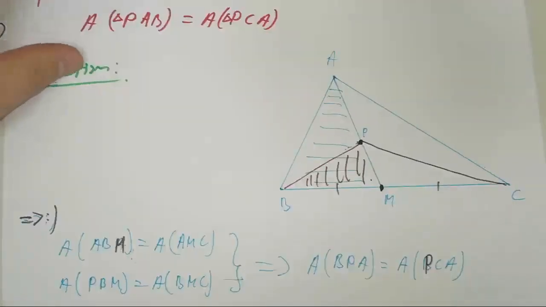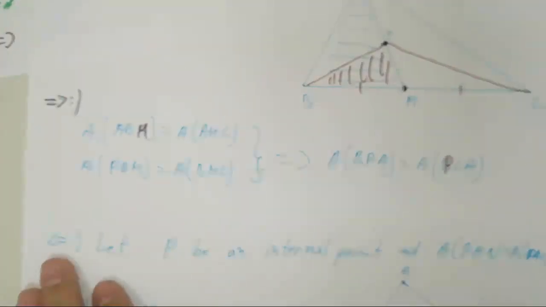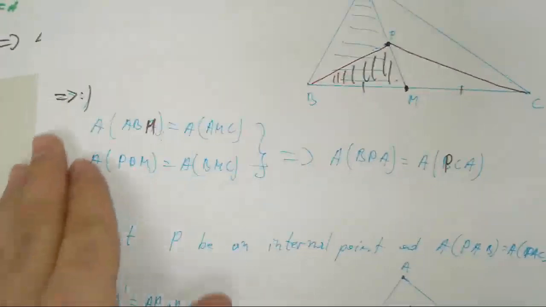Let us show the second part of the solution. We use the same notation, but just now reversed: here it points on the right side, here it points on the left side. Sorry for the focus.